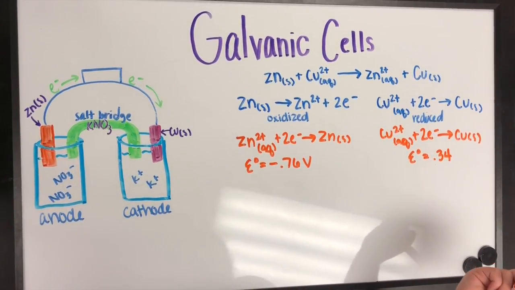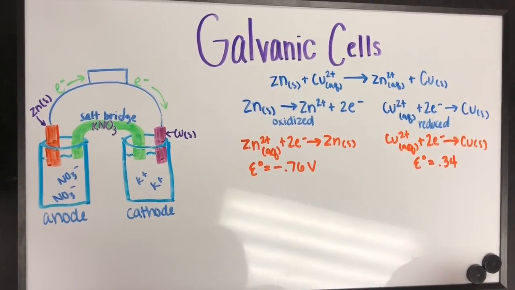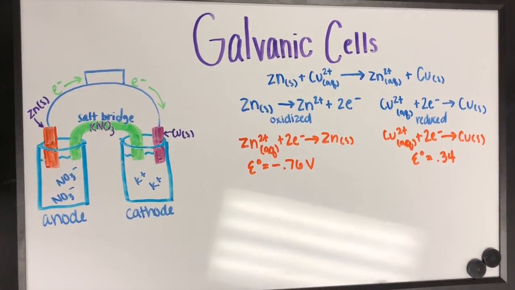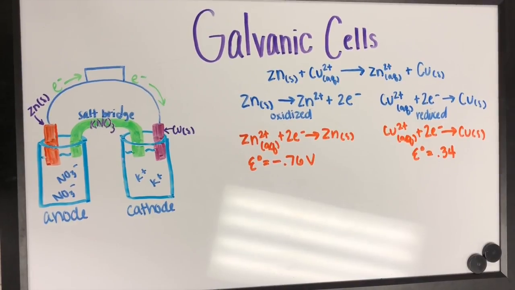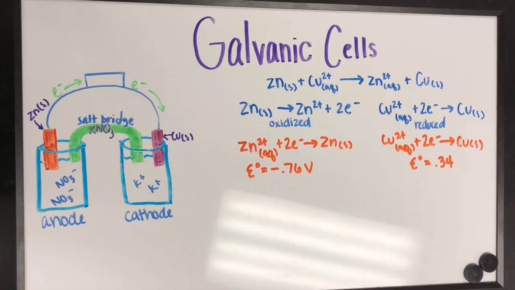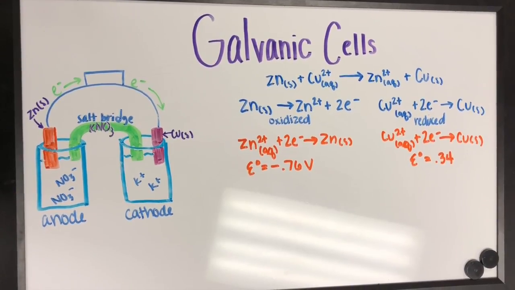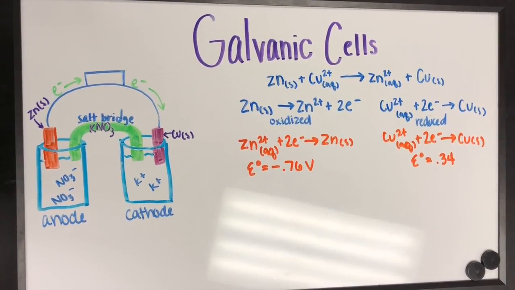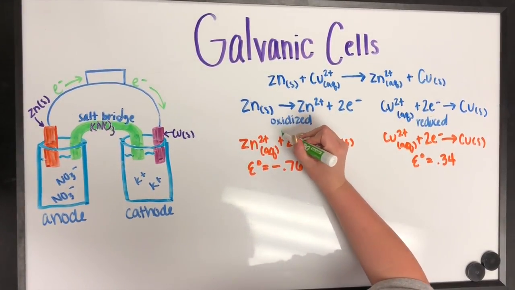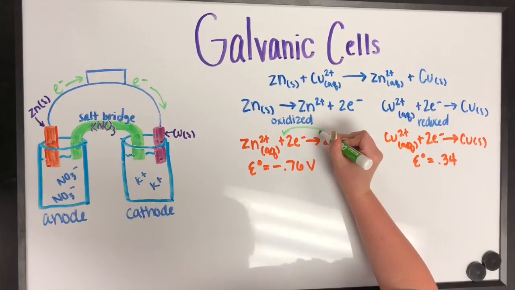To find the total E cell of the galvanic cell, you're going to do the reduced minus the oxidized. So we're going to end up doing the copper reduction value minus the zinc reduction value. But to help point that out, we're just going to show that the equation is actually flipped.